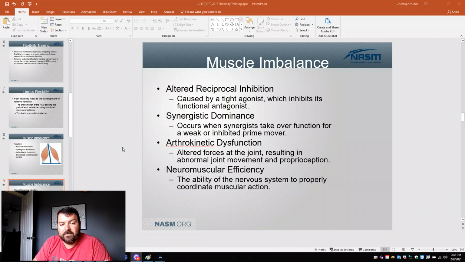Synergistic dominance. This occurs when your synergist takes over for a weak or inhibited prime mover. A synergist is like an assisting muscle. For example, we're talking about hip flexion in your distance runner. You have constant hip flexion, so your hip flexors are going to be really dominant. At one point, let's say they're weak, or because of some kind of inhibited prime mover, they're not functioning properly.